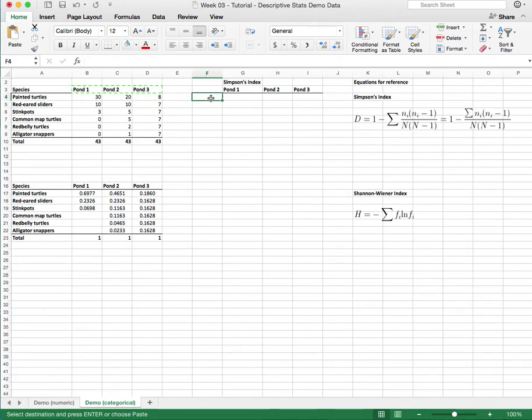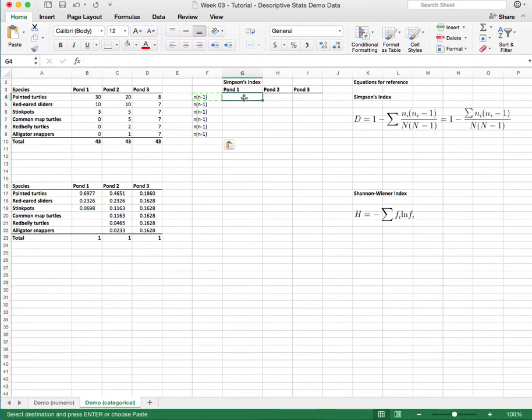So what we want to calculate is this n times n minus 1. Technically all of these are going to be n times n minus 1 values. This would be n1 times n1 minus 1. This would be n2 times n2 minus 1, and so on.